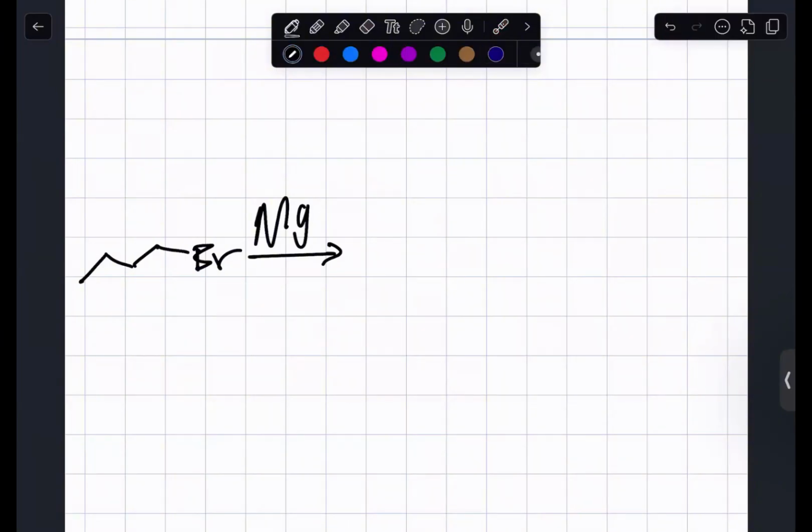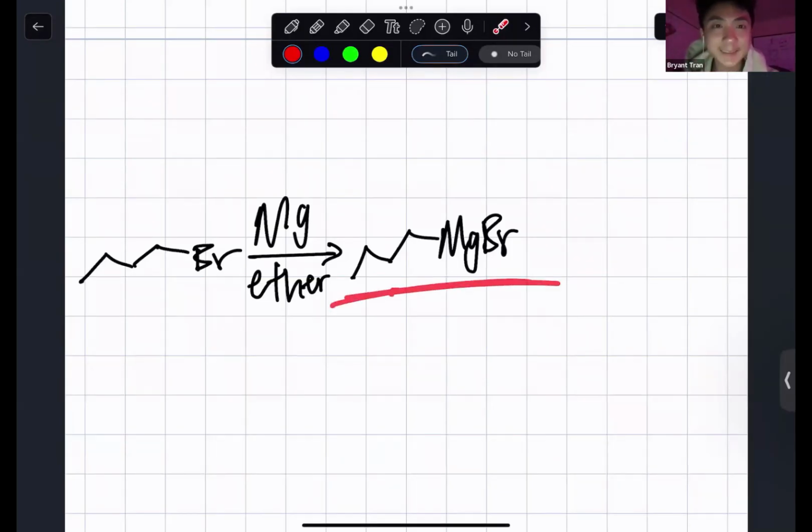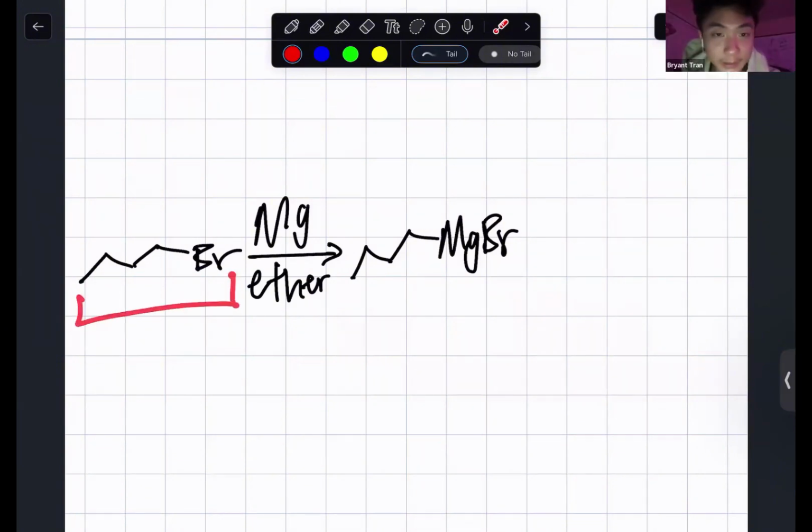I know that a Grignard reagent adds more branches. This right here would create the Grignard reagent, the RMgBr. Does that sound familiar from 118A? This right here is not the Grignard reagent yet. It's just a haloalkane.